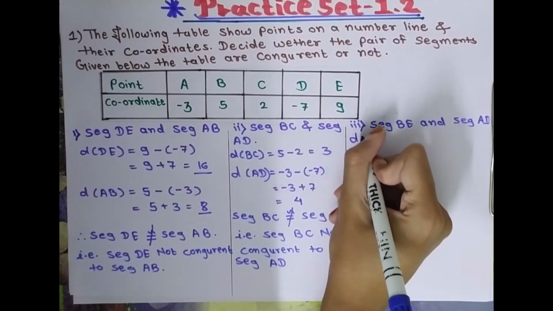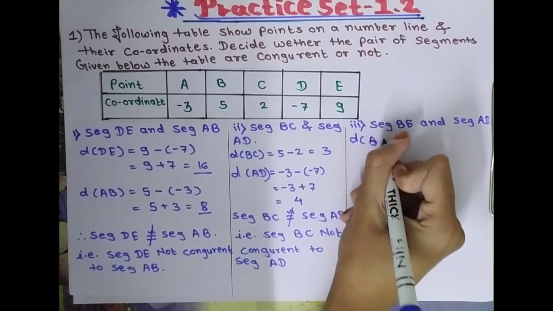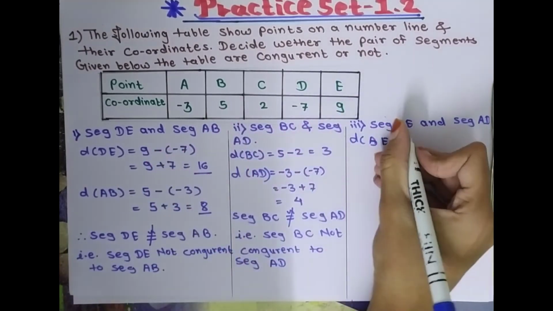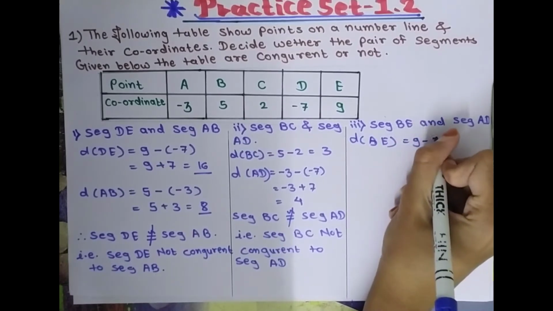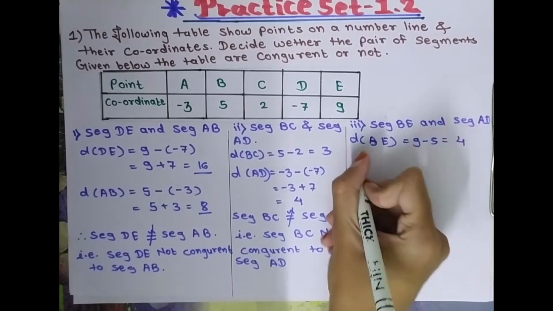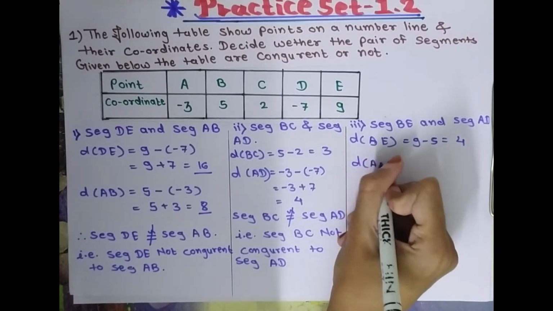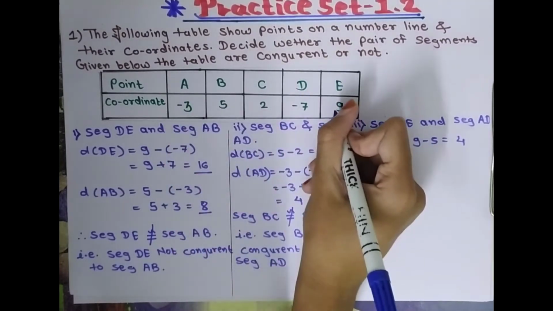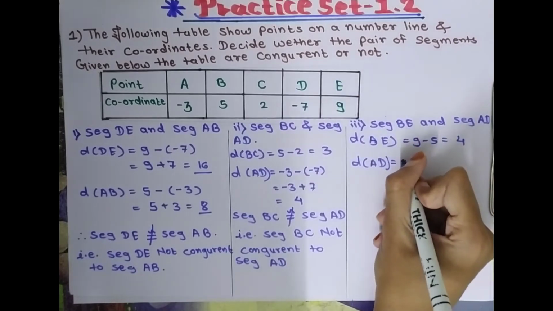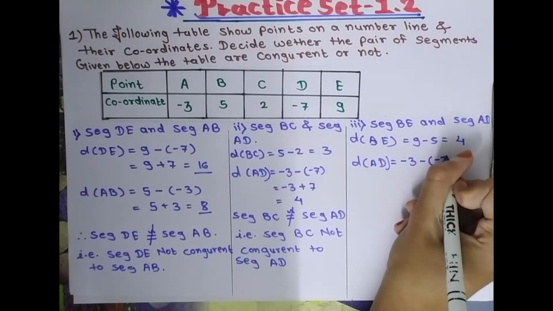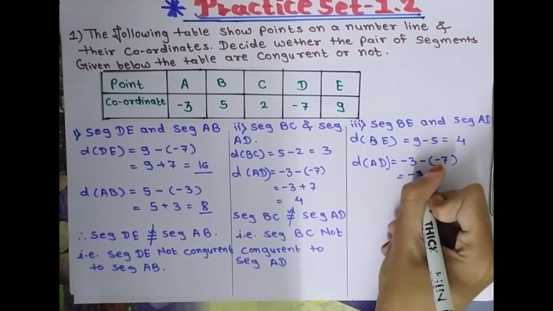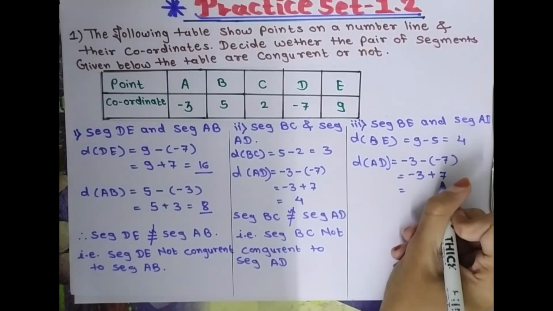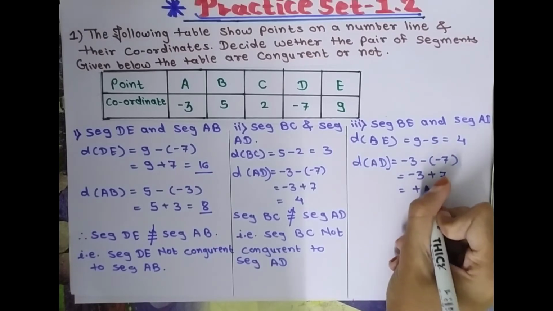Now third is segment BE and segment AD. First find distance BE. Now look, B and E. The bigger number is 9, so 9 minus 5 is equal to 4. And distance AD: A is -3 and D is -7, so -3 minus -7 is -3 plus 7, which is 4.